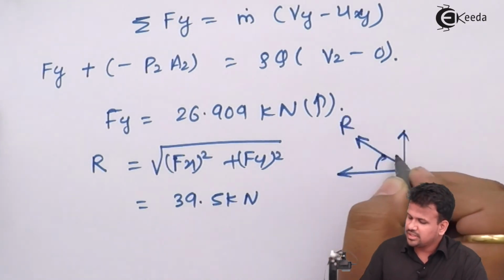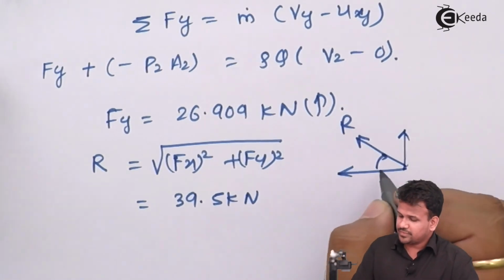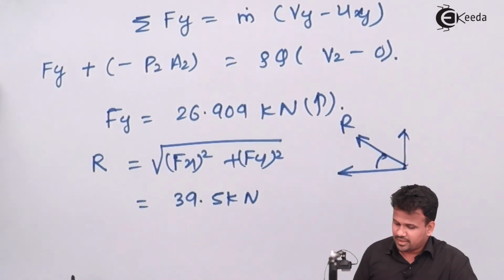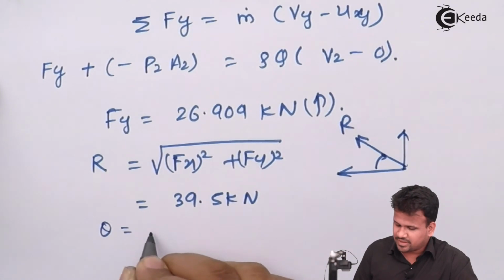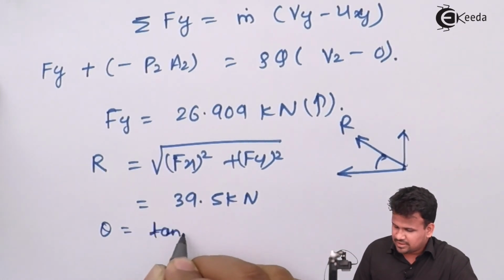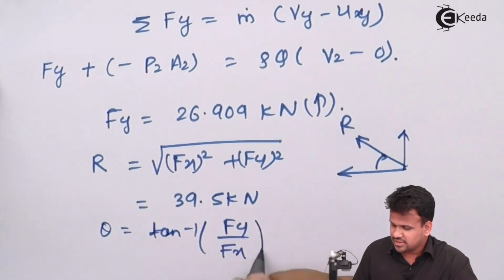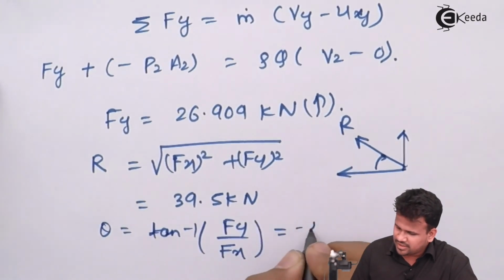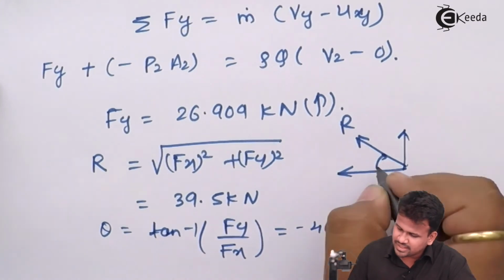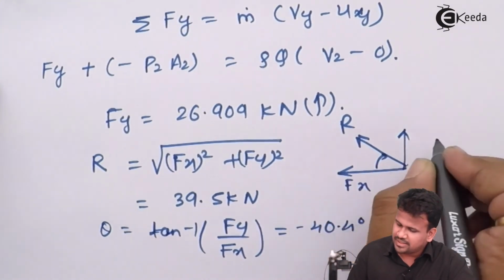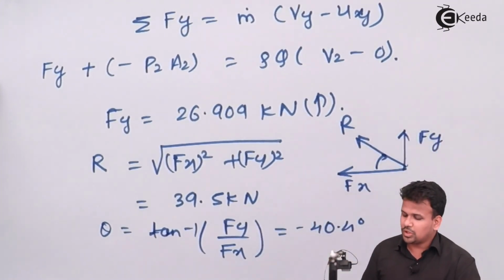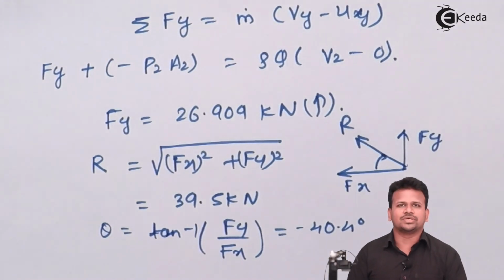This part will be clockwise and that part will be negative. So that will be tan inverse of Fy upon Fx. This will give us minus 40.4 degrees. The negative sign represents that it is in the clockwise direction from the horizontal axis.